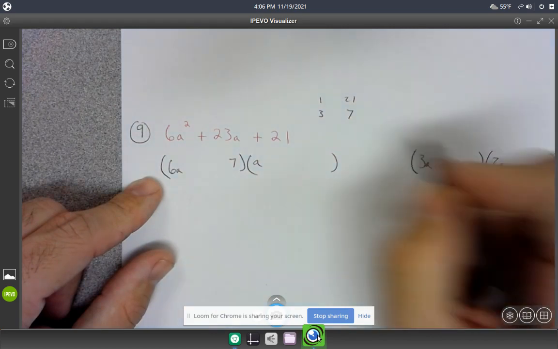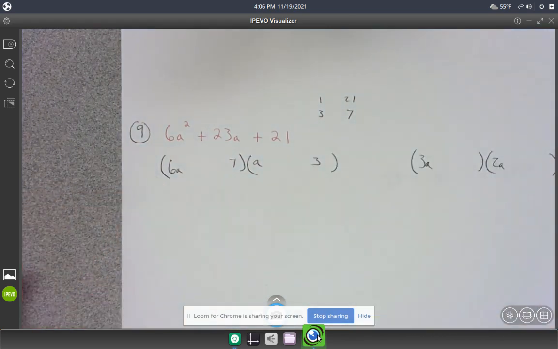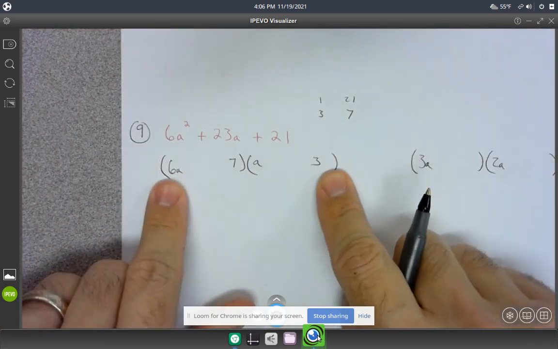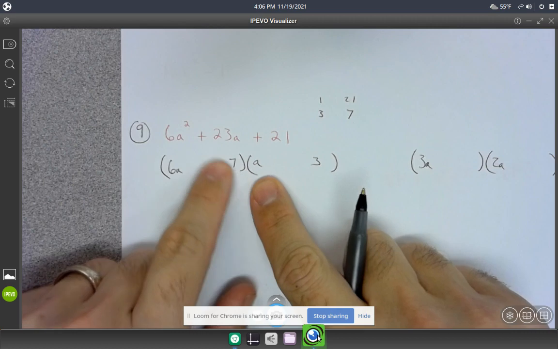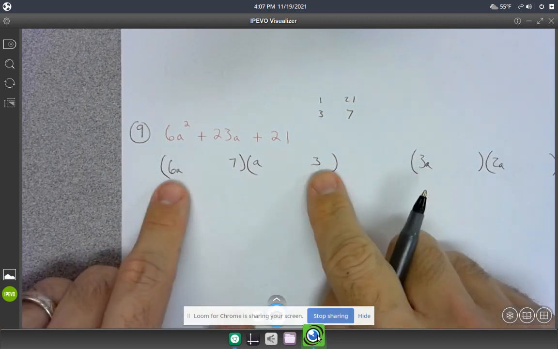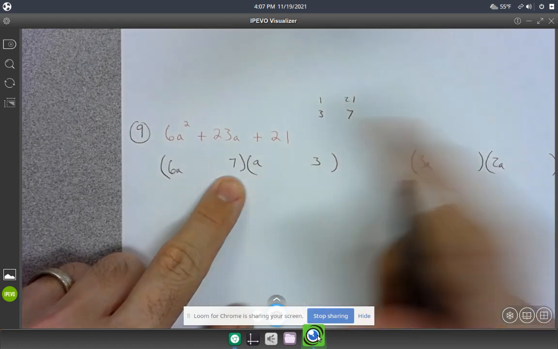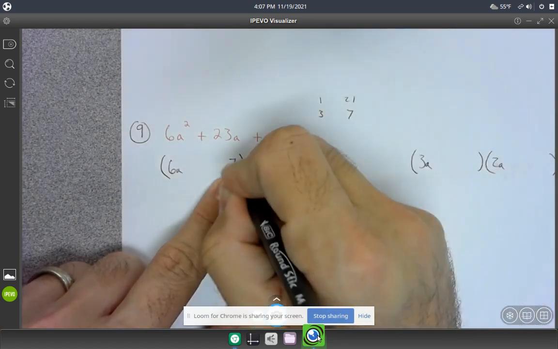So it would have to be a 7 here and a 3 there. But if I try this out, if I combine my outer parts and my inner parts, it's not going to give me a 23. This will give me an 18 and a 7. That gives me 25. So it's not a 3 and a 7.